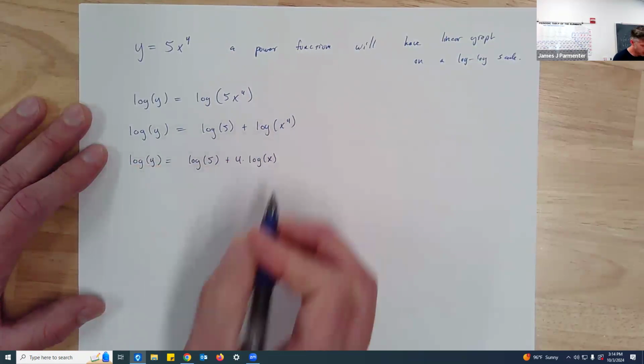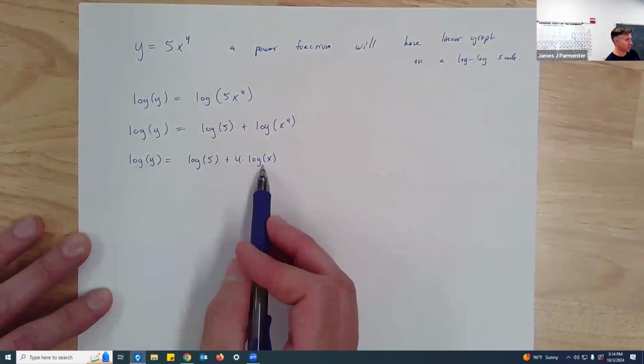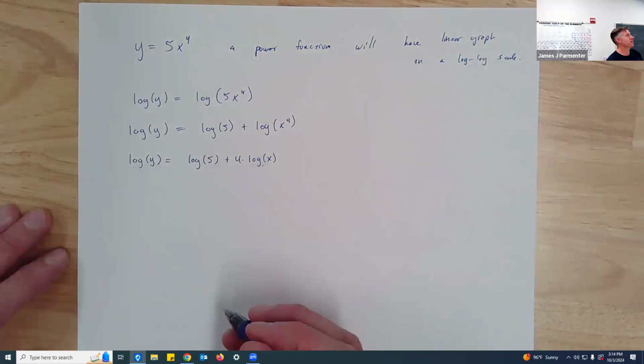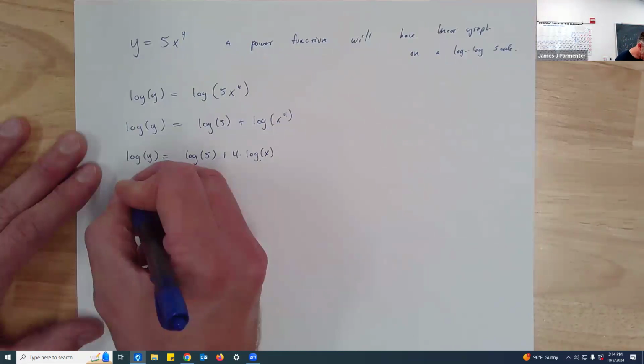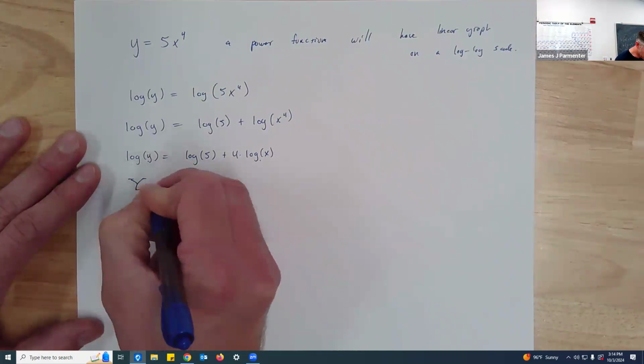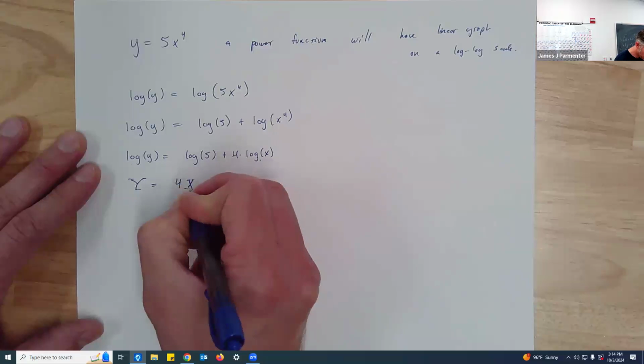But now both log of y and log of x are showing up, and those get replaced by stand-ins, capital Y and capital X. So we're going to say that capital Y is equal to 4 times capital X plus log of 5.